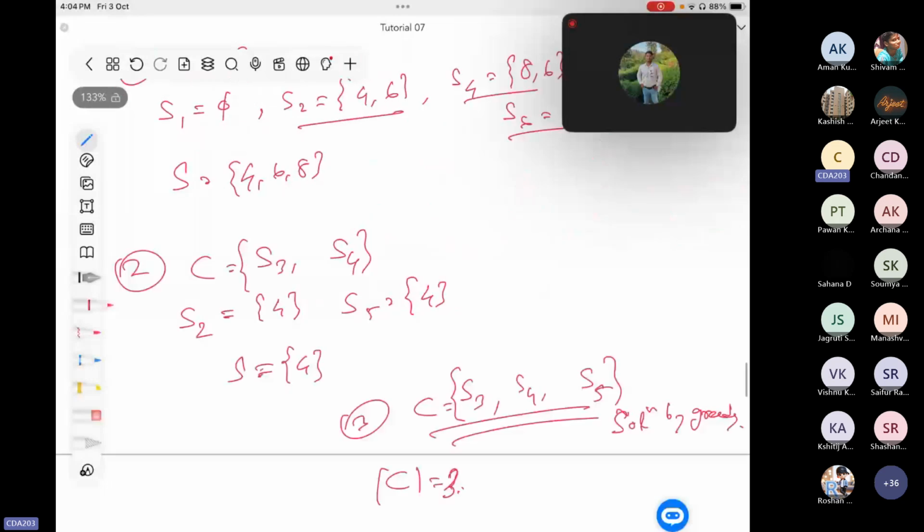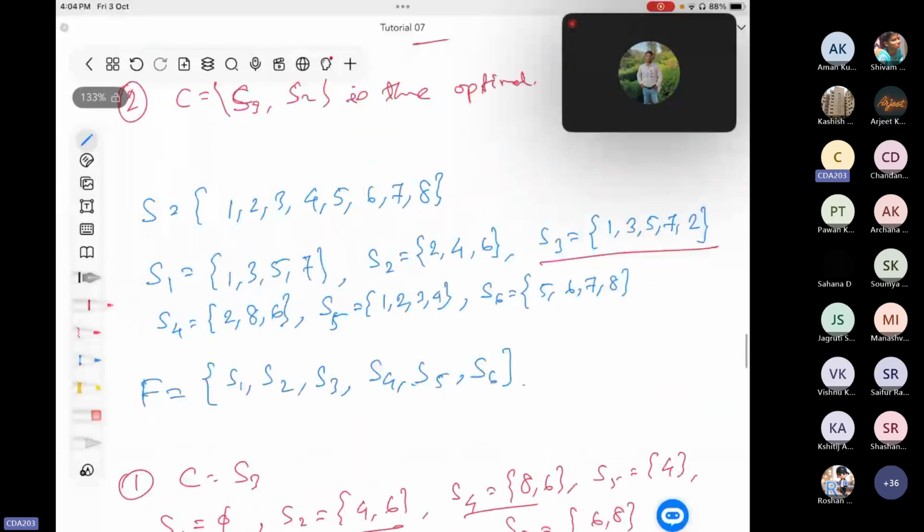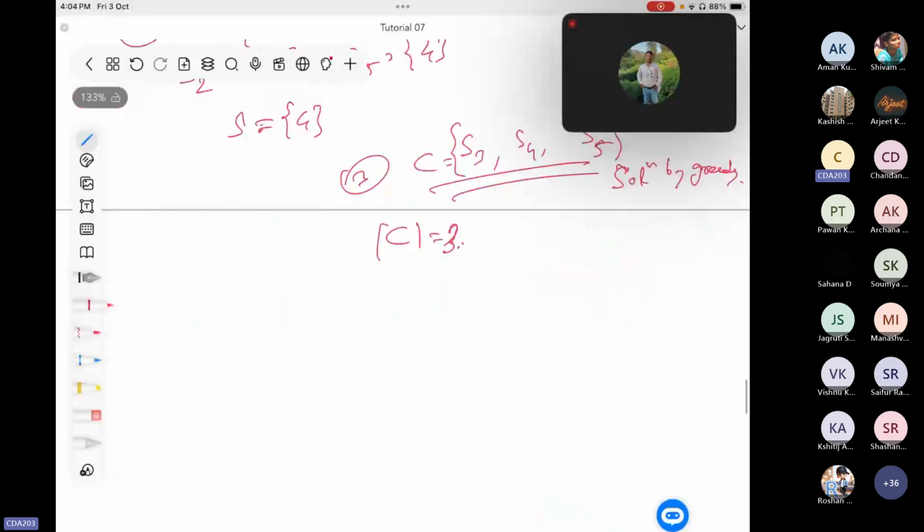The cardinality of C is 3, but you can see that you can manage to cover all these elements using S5 and S6 only, which is 2. So the optimal solution is S5 and S6.